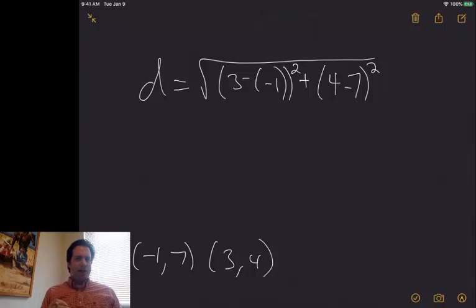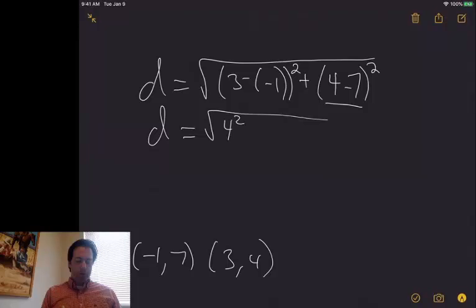You can try to set it up so that you always end up with a positive value in there, but if we look at the y values, 4 minus 7 is -3, and 7 minus 4 is +3. Either way, when we square it, we get 9. So for my distance, remember 3 minus -1 is like 3 plus 1, so that's 4.